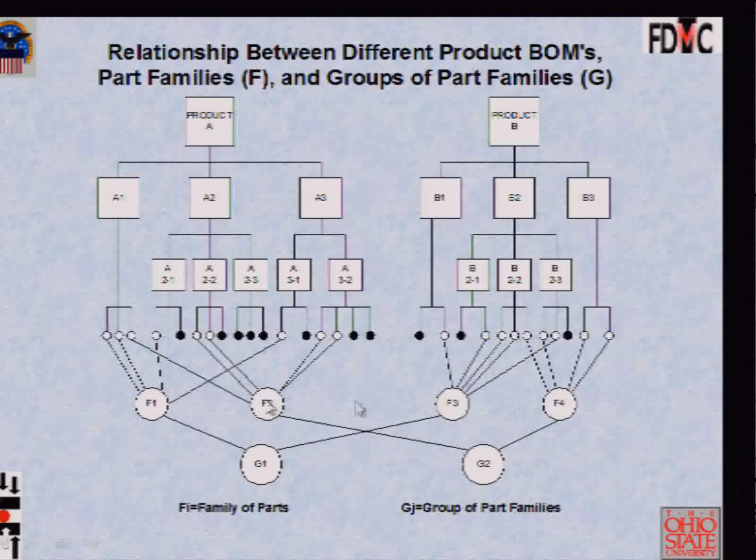Once you form your families of parts, F1, F2, F3, F4, create flexible cells to produce the families of parts. So F2 and F4 will get produced in this group, one flexible cell. F1, F3 will get produced in this group. So how would you use FAST?